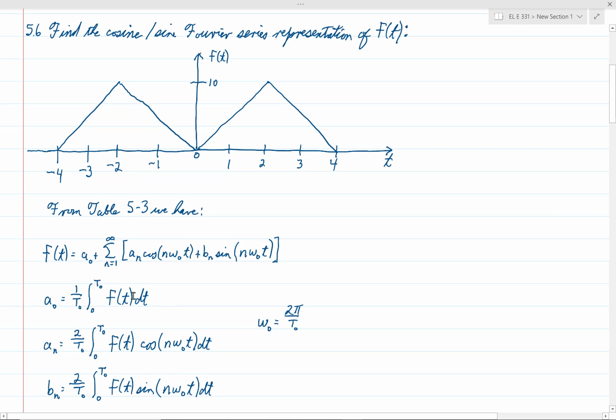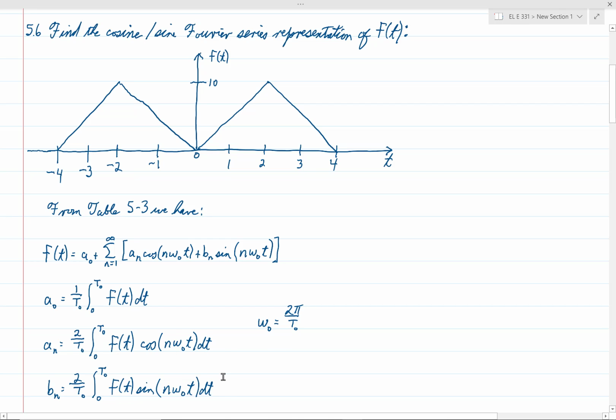In many cases, we'll be able to think of this integral as just an area under the curve, and you take that area and divide by the period, and you have A naught. But the formulas for AN and BN are a bit more complicated, and they're given here.